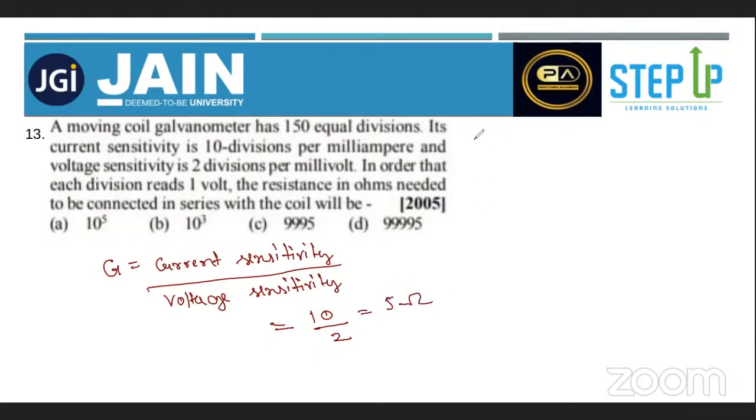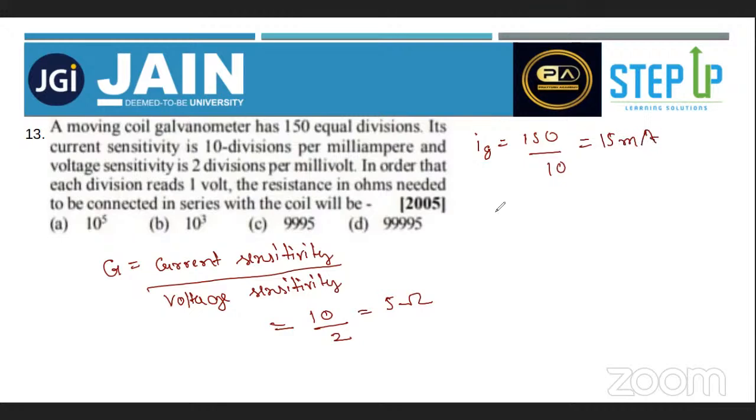Now to find the Ig value, Ig will be calculated using V, for the moving coil galvanometer, 150 upon 10 per division. So it will be calculated in milliampere, 15 milliampere.